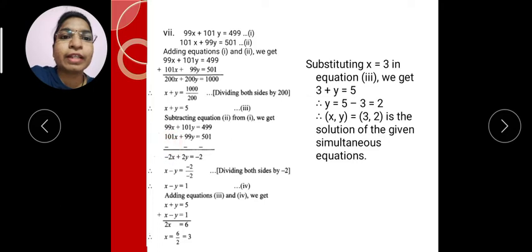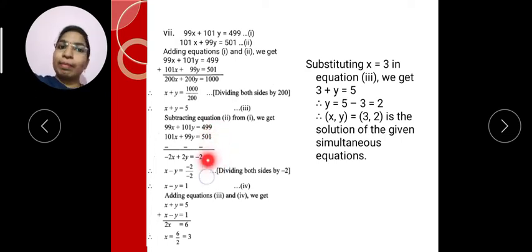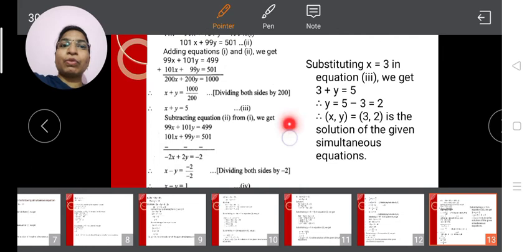Now listen, what you will get? 99 minus 101 is minus 2x. 101y minus 99y is plus 2y. 499 minus 501 is minus 2. Now dividing both sides by minus 2, what you will get? x minus y is equal to 1.